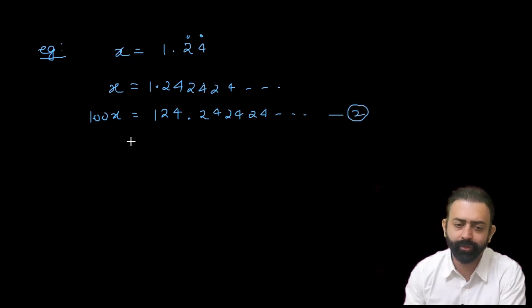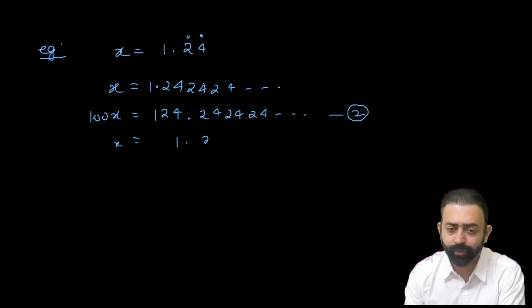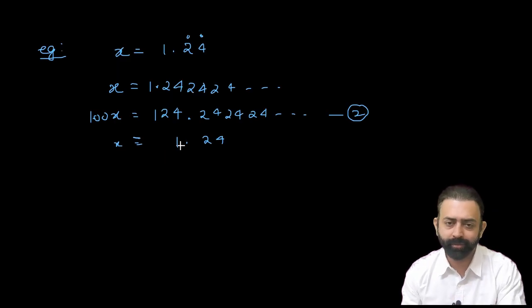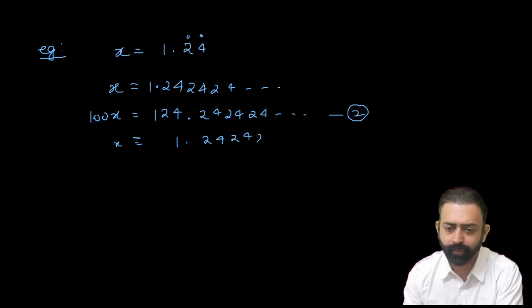Again, rewriting equation 1 below equation 2 as 1.24. Just stay focused on how to align the decimal. 1 should be below this 4. 24, 24, 24. This is my equation 1.